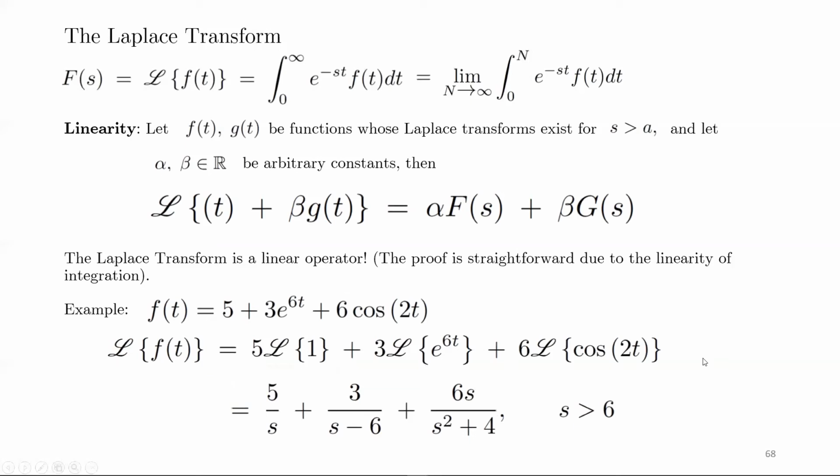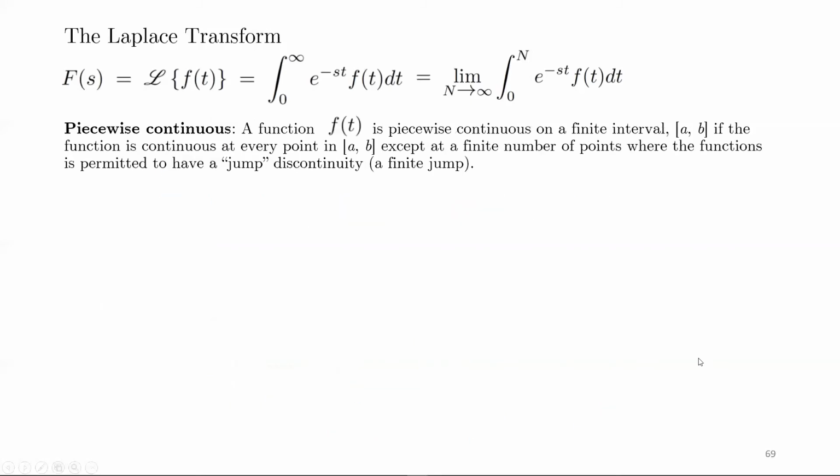Okay, so just to finish up this class, we're going to look at a couple of definitions here. The first one is, I said that we can take the Laplace transform of a piecewise continuous function. So just to be clear about what that is, a function f of t is piecewise continuous on some interval a to b, including a and b, if the function is continuous at every point in this domain, except at a finite number of points.